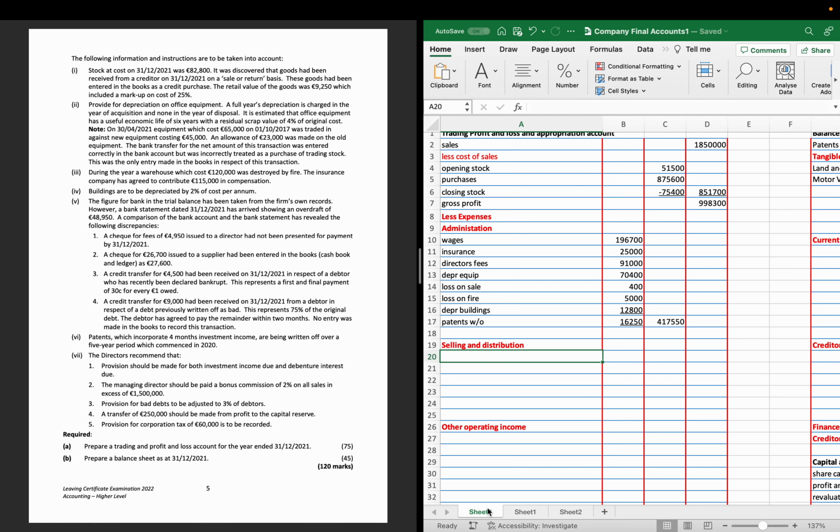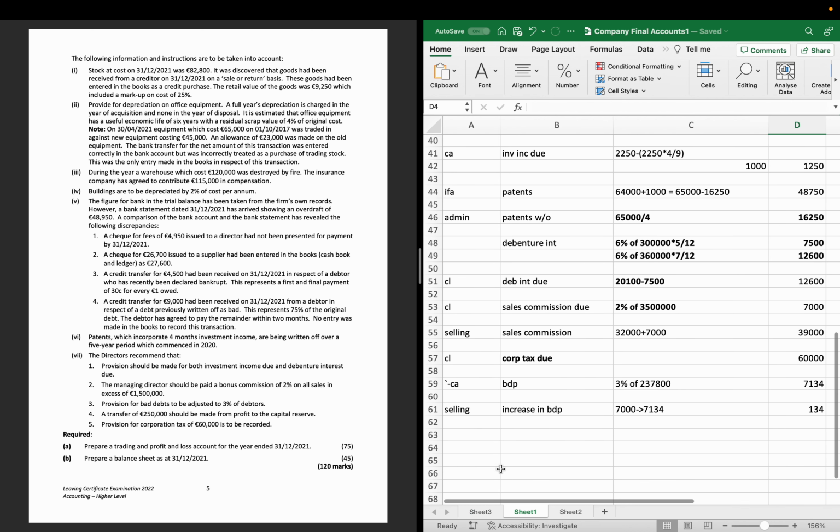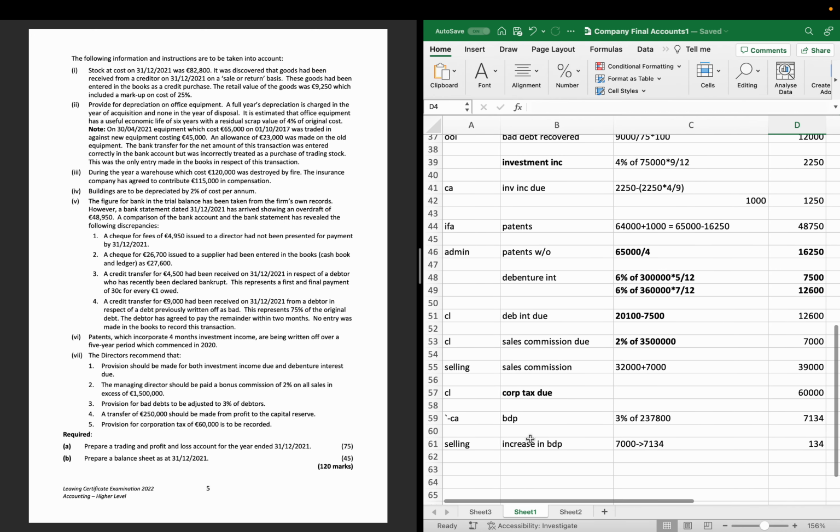For your selling and distribution, then you have the bad debt written off of 10.5. You have your increase. Sorry, you've got your increase in BDP was 134. Just see if you've got any more selling.